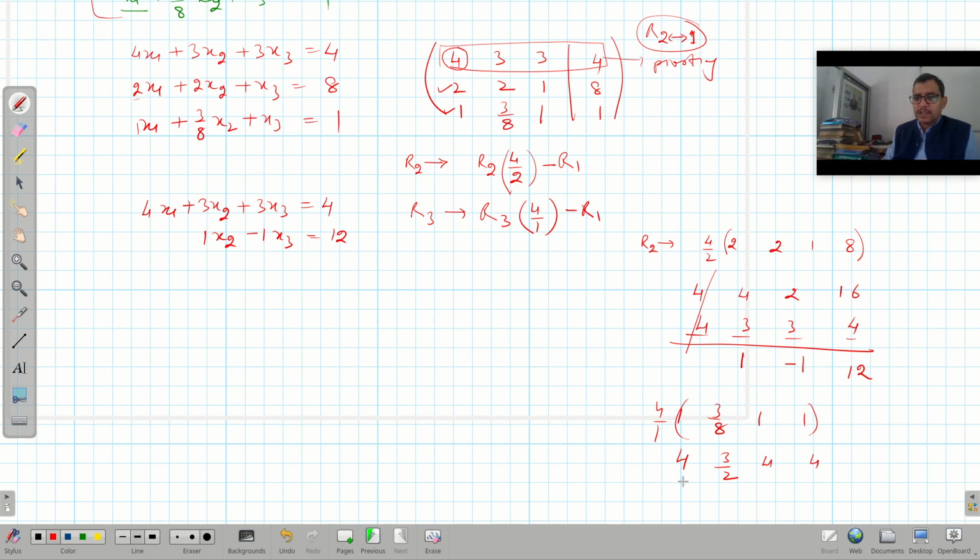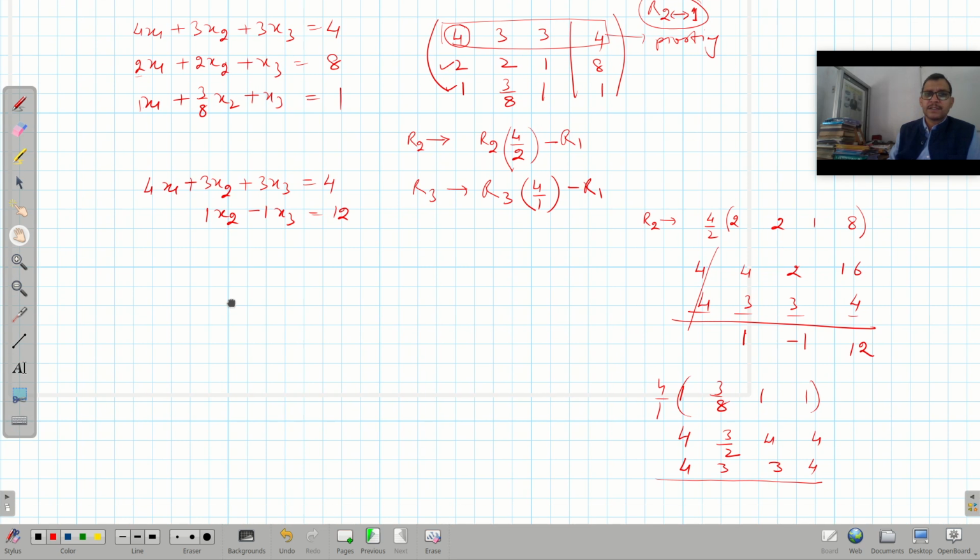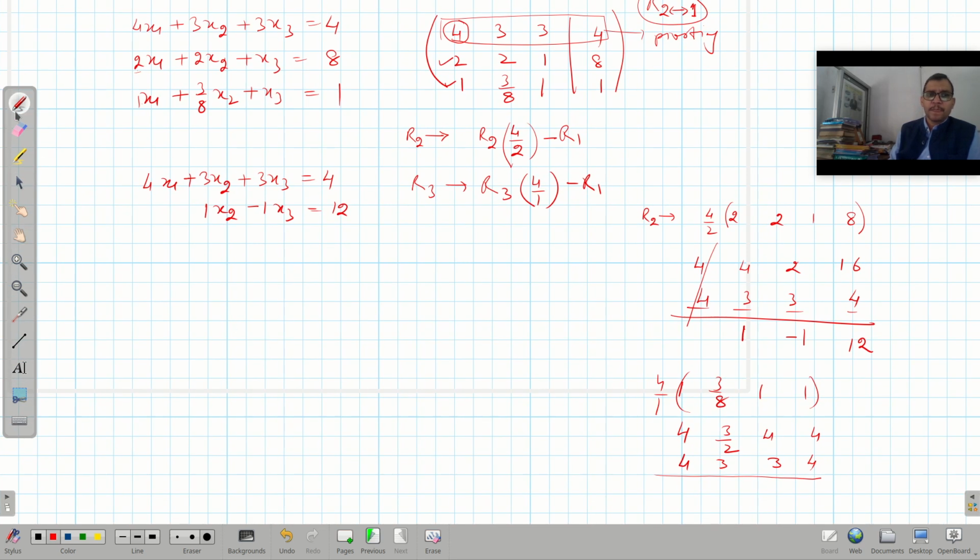So it is 4, 3, 3, 4. Now what was the result? Subtraction means this one, and 3/2 minus 3 is minus 3/2, and 4 minus 3 is 1, and it is 0.